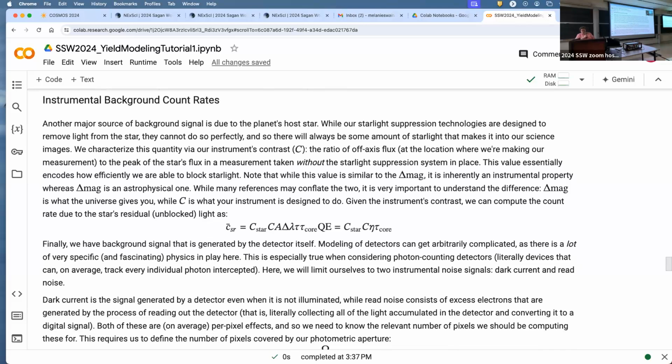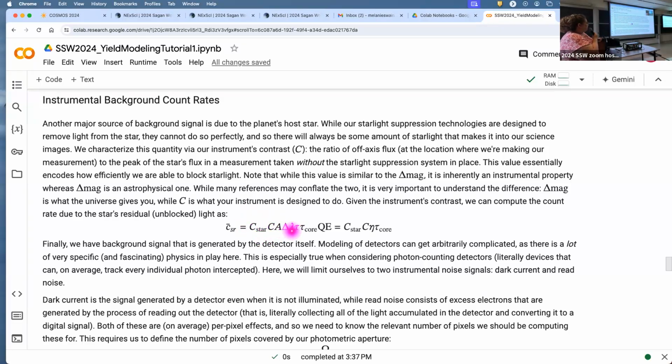All right, and then we have stuff that comes from our instrument. In particular, we've got the residual speckles, anything that is not perfectly corrected. This is the leaked starlight. And so that's going to be the counts from our star.